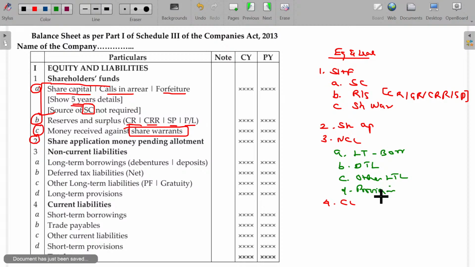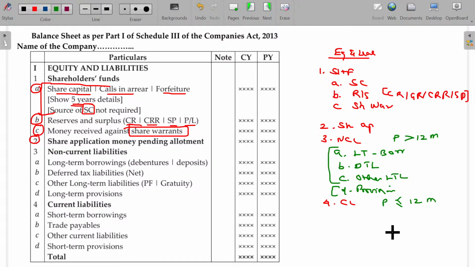Usually, we have liabilities and provisions, right? Here, the liabilities will be of 3 characters. Another one is provisions. Non-current liabilities are liabilities supposed to be payable only after the 12 months period, okay? Payable after 12 months. If it is payable within 12 months, then it is current liabilities.